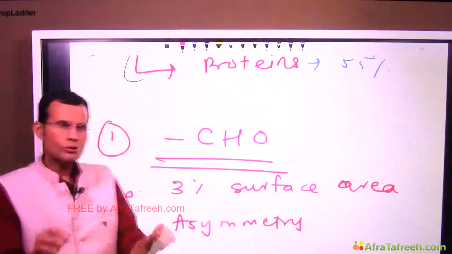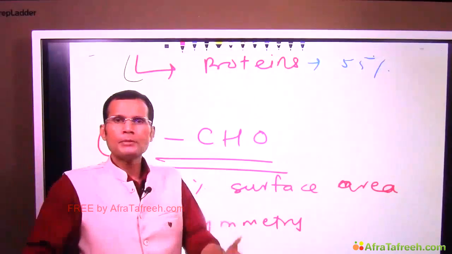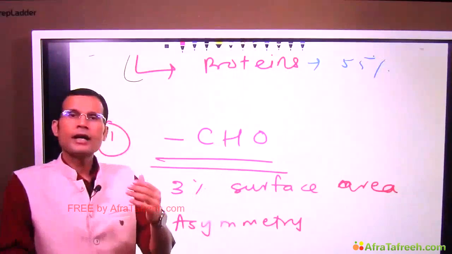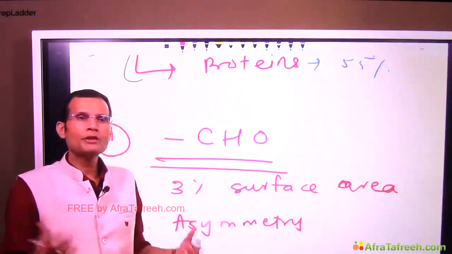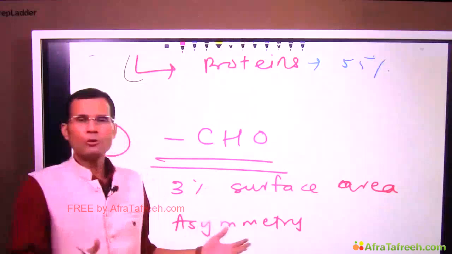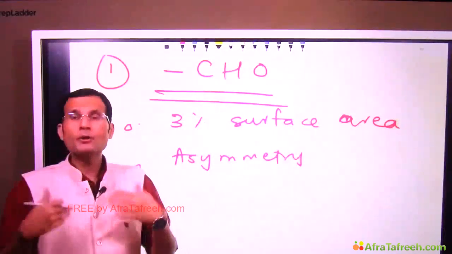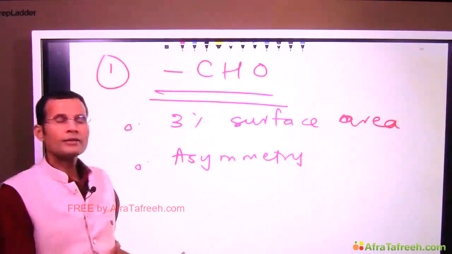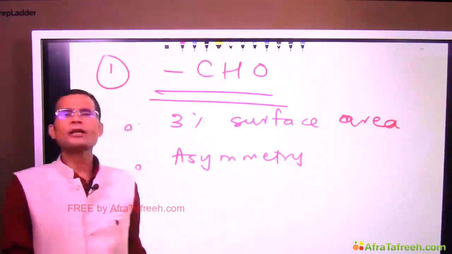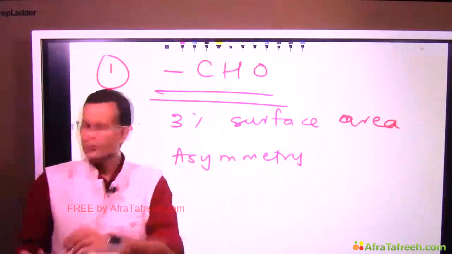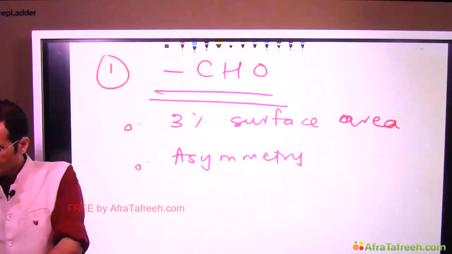So most of the students answer proteins, thinking that the proteins themselves are asymmetrical, but no, it's because of the carbohydrates that there is asymmetry to the membrane. Carbohydrate moieties are attached asymmetrically on either side of the membrane.